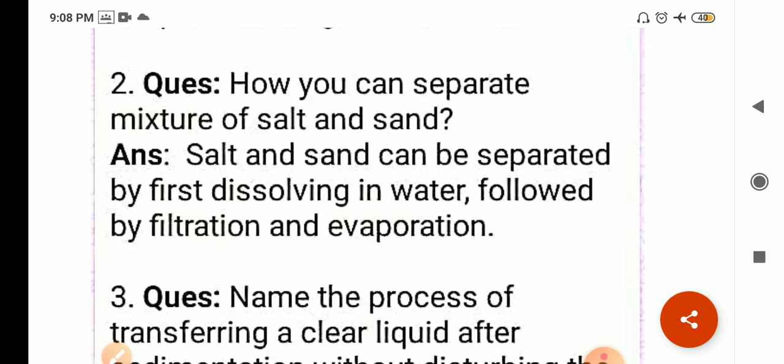We will filter it so that as a residue, the sand will be on the filter paper and the salt will be dissolved in the water as a filtrate. It will come down. Now we have to do the boiling of that salty water, and in this process of evaporation, the water will evaporate, leaving behind the salt, right?